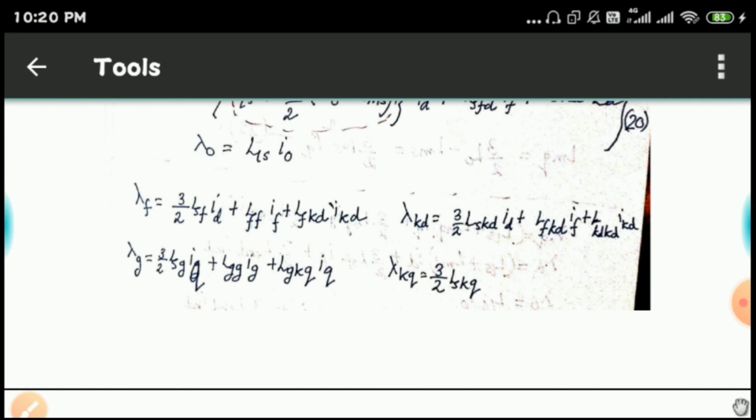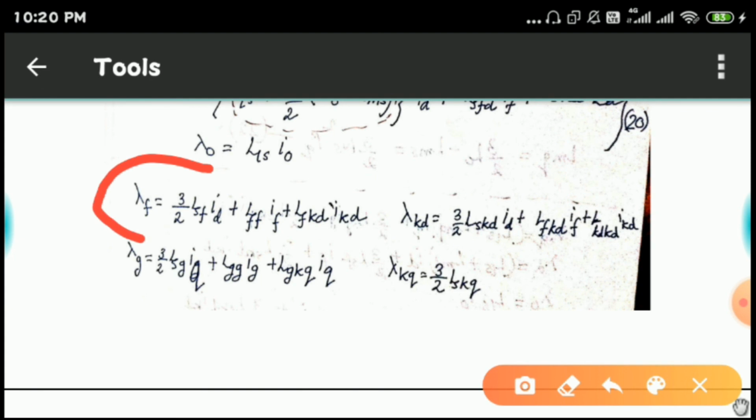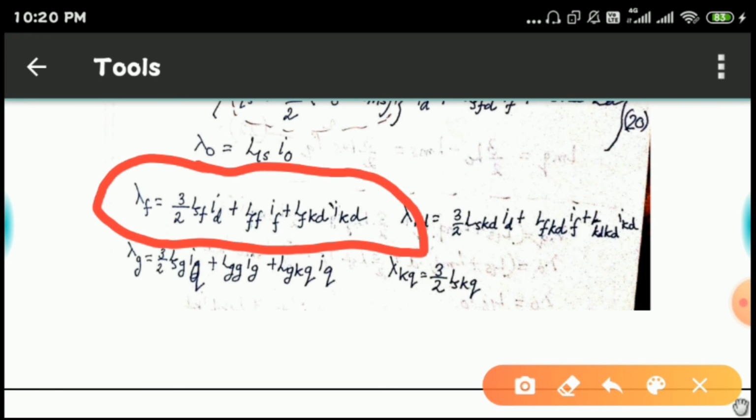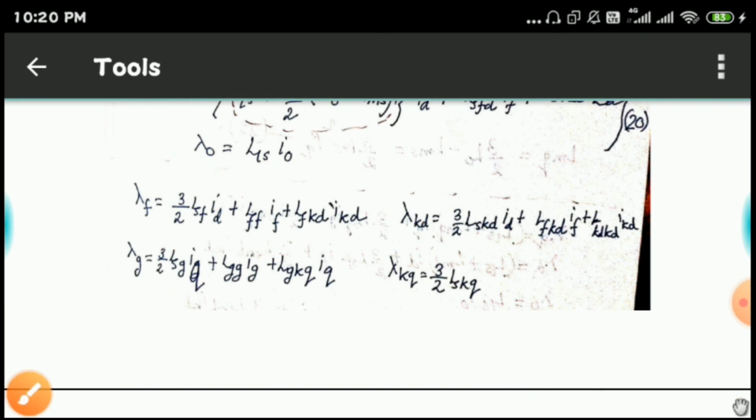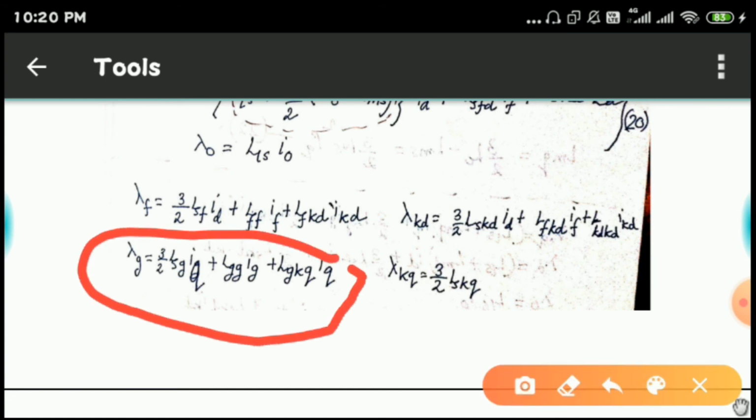Interestingly, another thing we must note: if there is no q axis winding current, like no iq, no ig, no ikq, and we consider this lambda g, then similarly there is no id, no if, no ikd. Here I have made a mistake, a correction: this should be ikq.